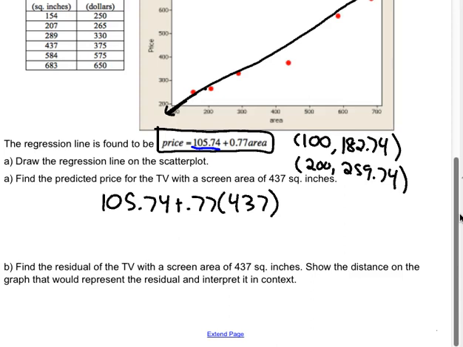So 105.74 plus 0.77 times 437. So here our predicted value is going to be 442.23.